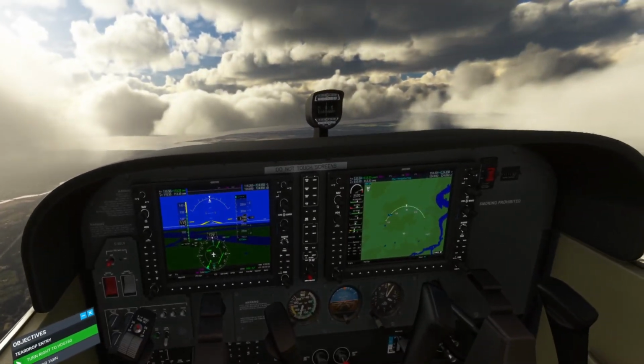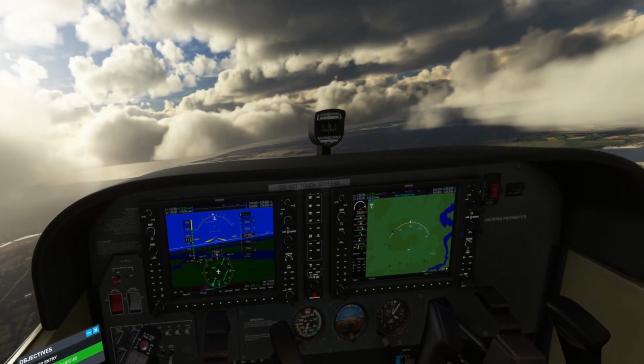That's 1 minute. Make your right hand turn to 030 to intercept towards Southampton.